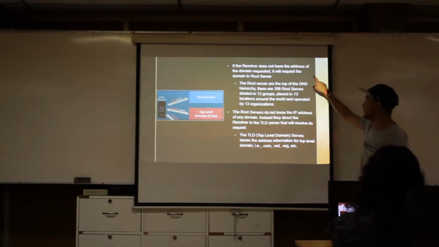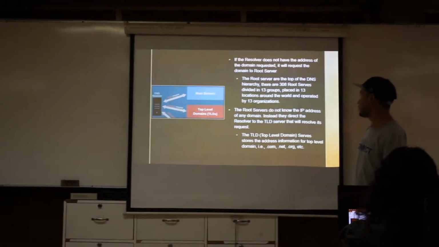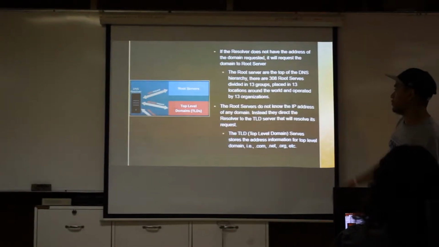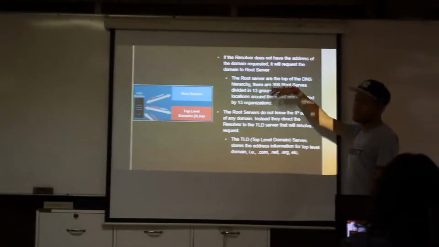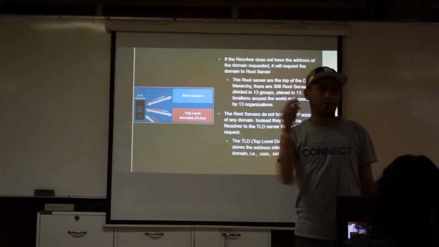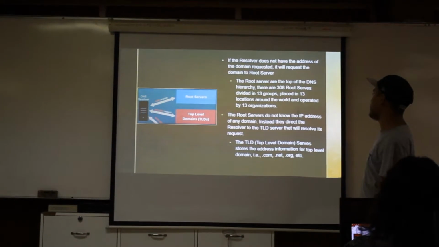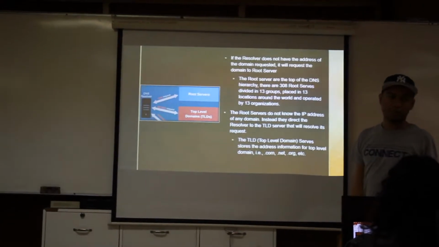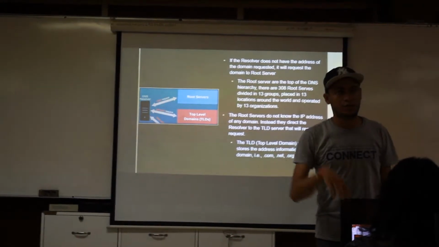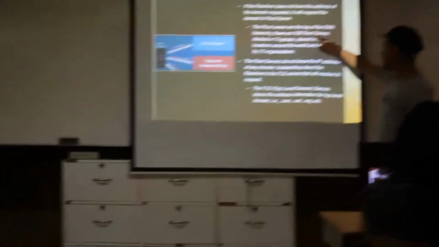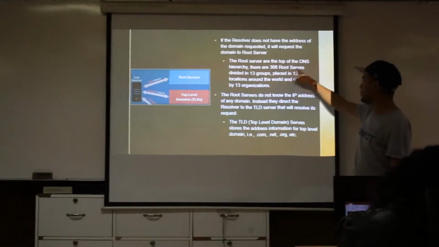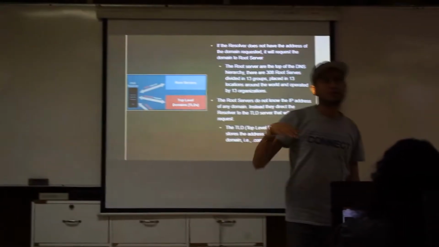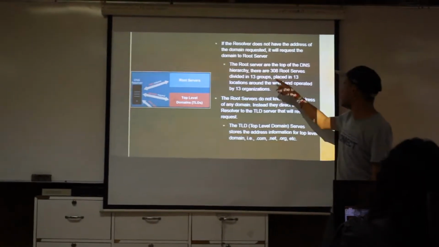Step 3: if the resolver server does not have the address of the domain requested, it will request it from the root server. It's another type of server, but it's a DNS as well. The root server is at the top of the DNS hierarchy. There are 308 root servers, and those servers are divided into 13 groups.